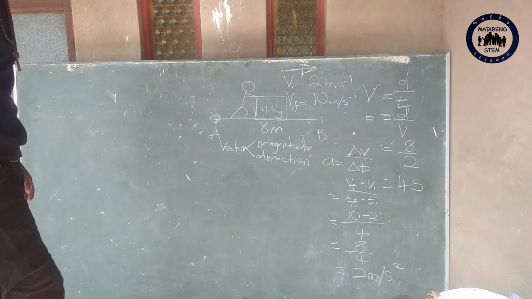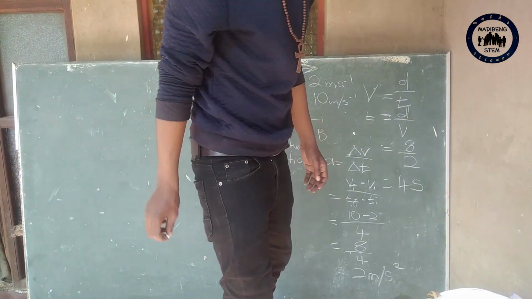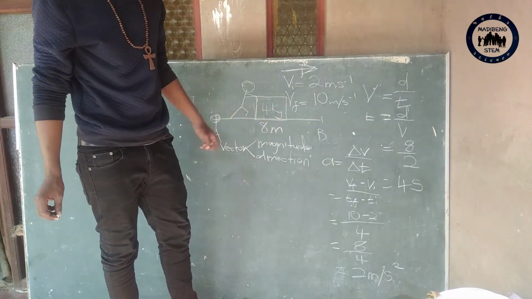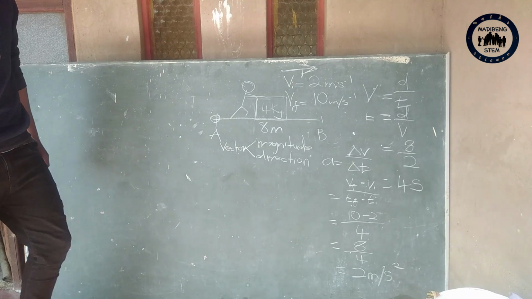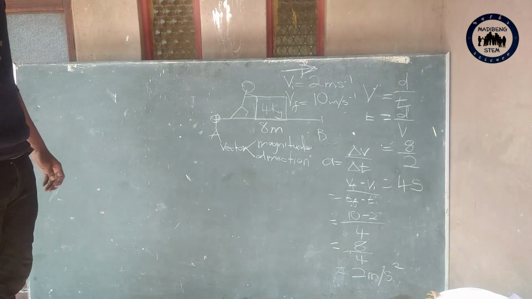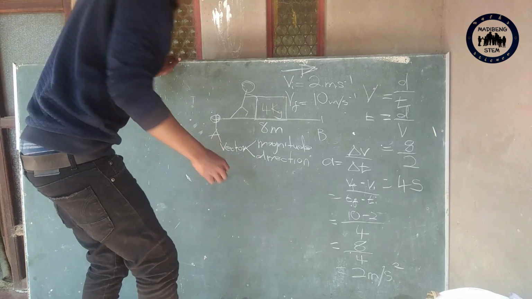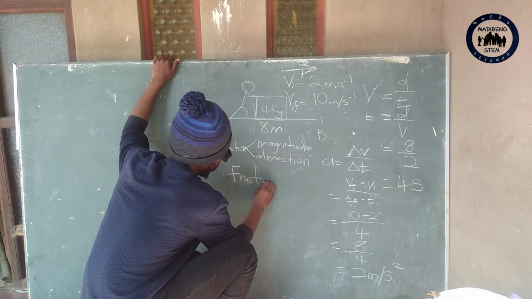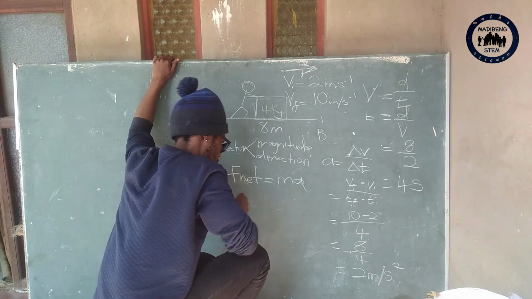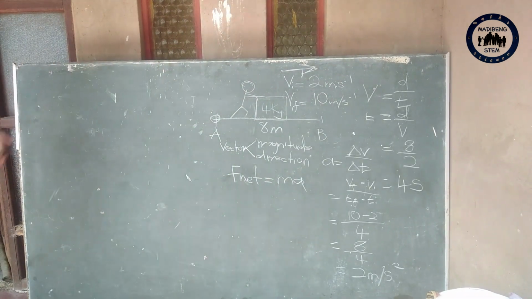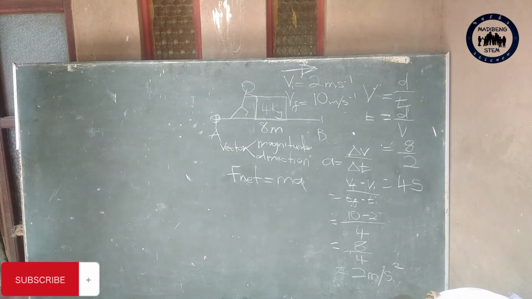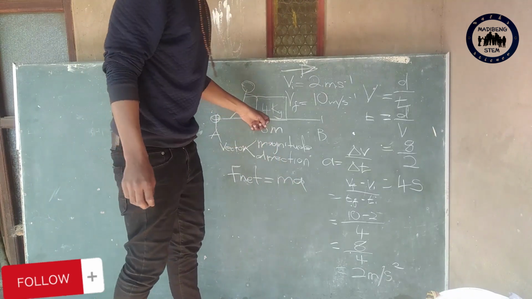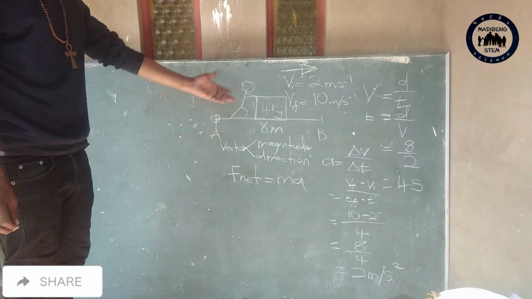So now they want to know the net force experienced by this object. What is that net force? Net force is equal to mass times acceleration. Can we find net force? Yes, we can, because we have acceleration and we have our mass, which is 4.